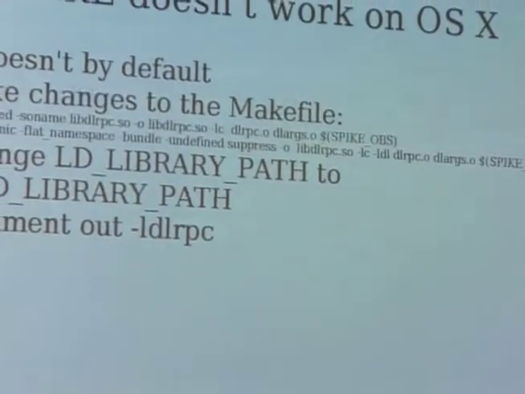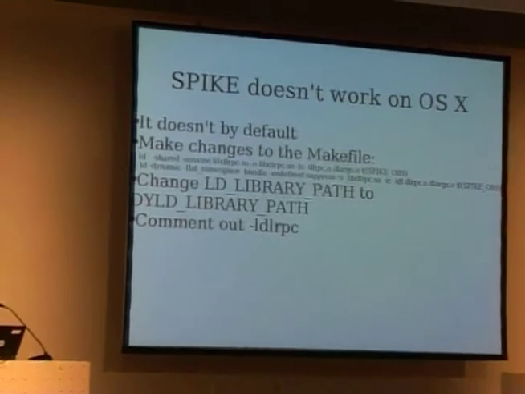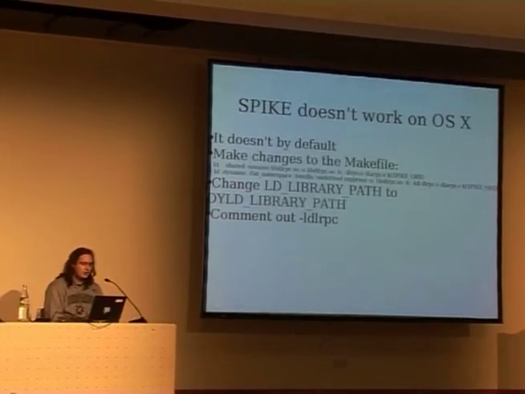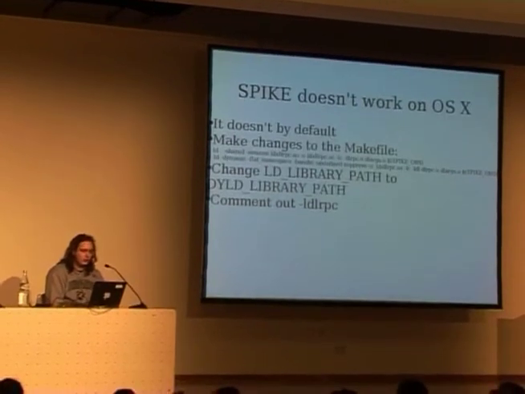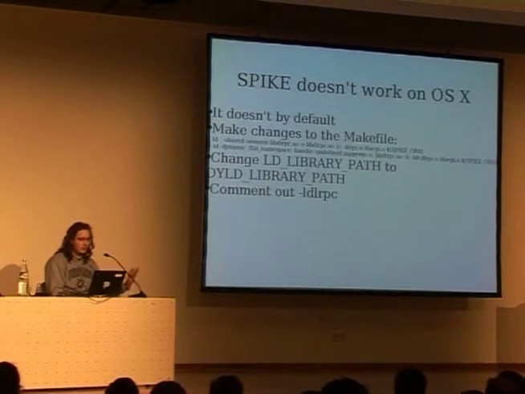Right. The other thing is Spike by default does not work on macOS. I wanted to get it to work on my macOS and came to the conclusion that pretty much all of the code works on macOS, because it was initially written for Linux, and so far it only compiles on Linux.